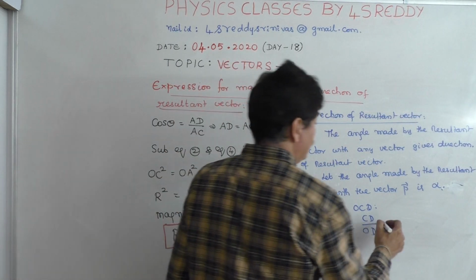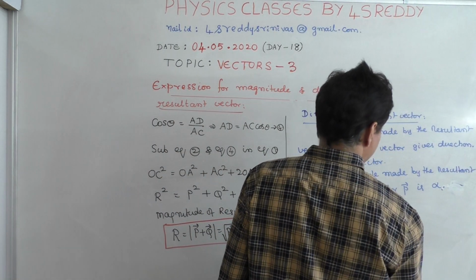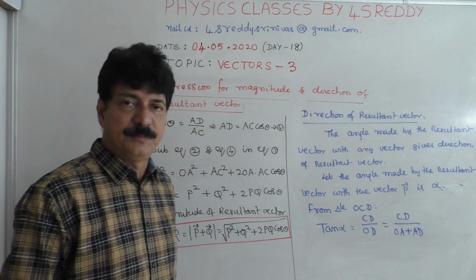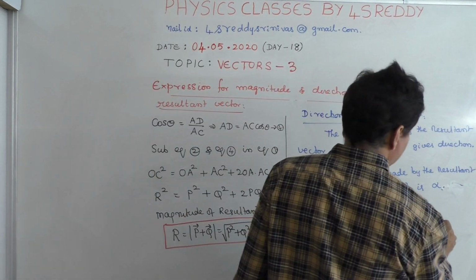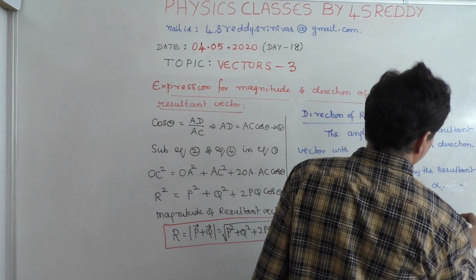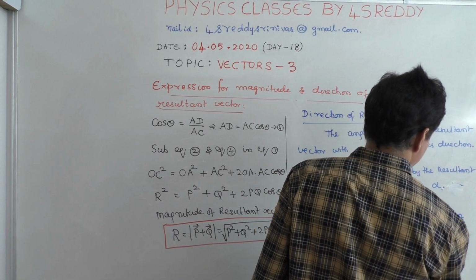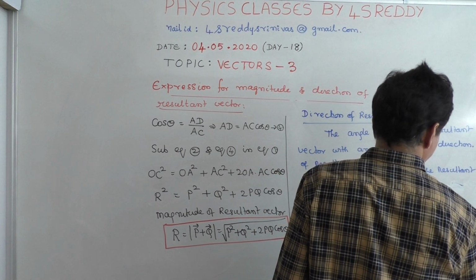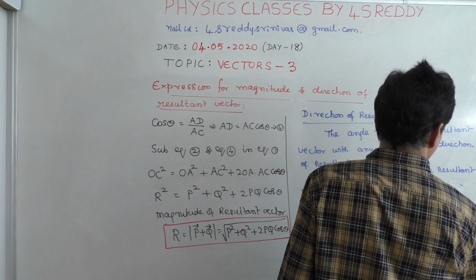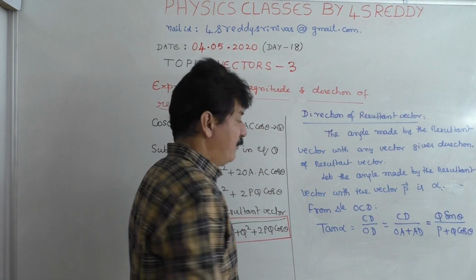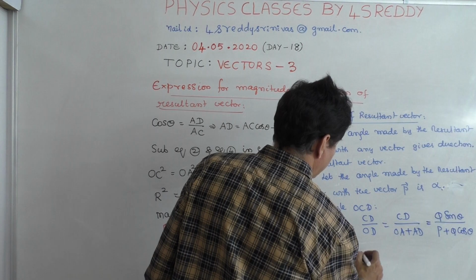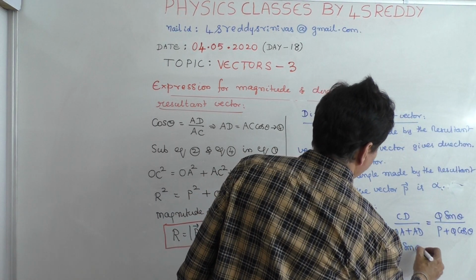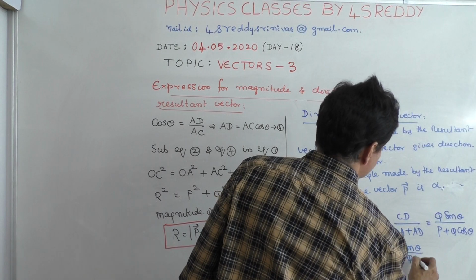But what is CD? It is CD by OD, which is OA plus AD. From the diagram we got it. Therefore, from equation 3, this is Q sin theta, OA is P, plus AD can be written as AC cos theta, that is Q cos theta. Therefore, alpha is given by tan inverse Q sin theta by P plus Q cos theta.